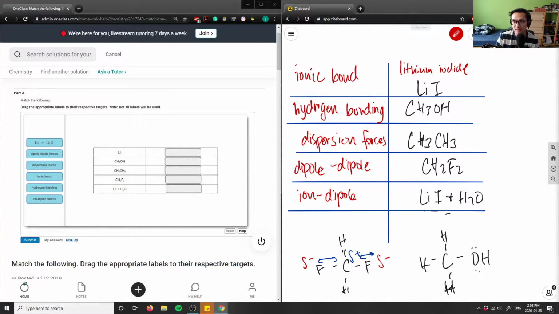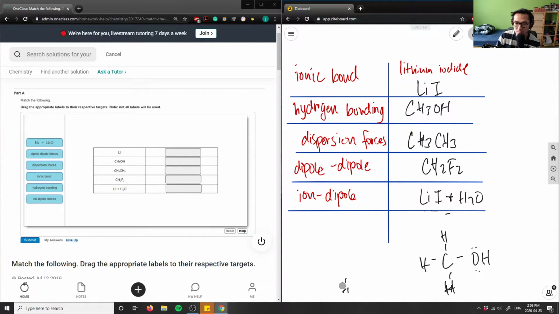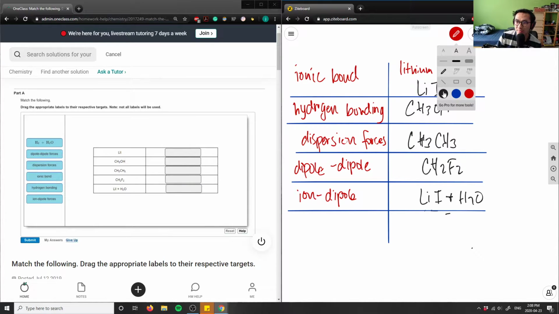So for example, let me erase this part for you. If I had lithium iodide, and this dissociates, we get lithium positive and iodine minus, right?